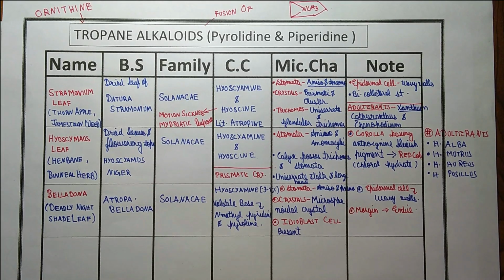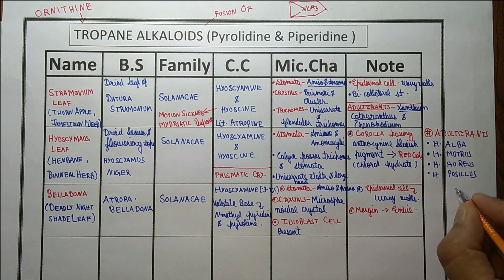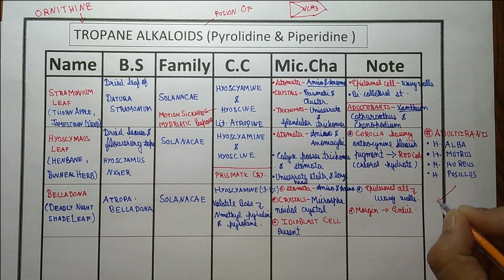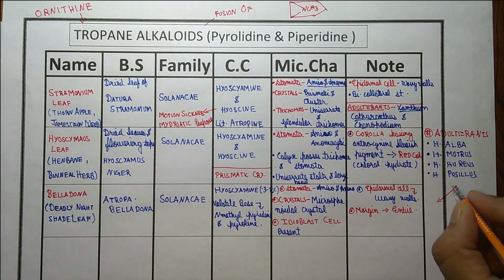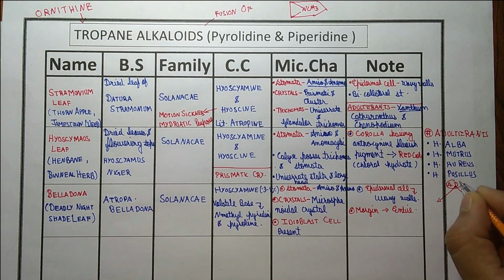Now some important points on this Belladonna. It has two adulterants. Students, just make a table like this. It is very important.